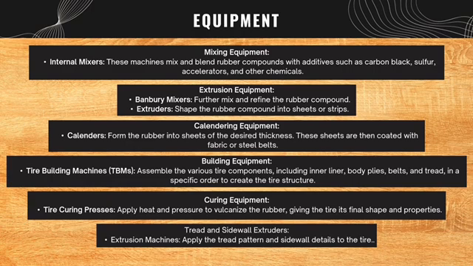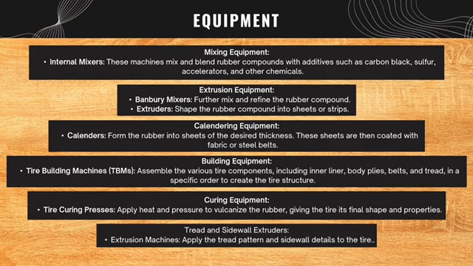Fourth, building equipment. Tire building machines, TBMs, assemble the various tire components, including inner liner, body plies, belts, and tread, in a specific order to create the tire structure. Number 5, curing equipment. Tire curing presses apply heat and pressure to vulcanize the rubber, giving the tire its final shape and properties.